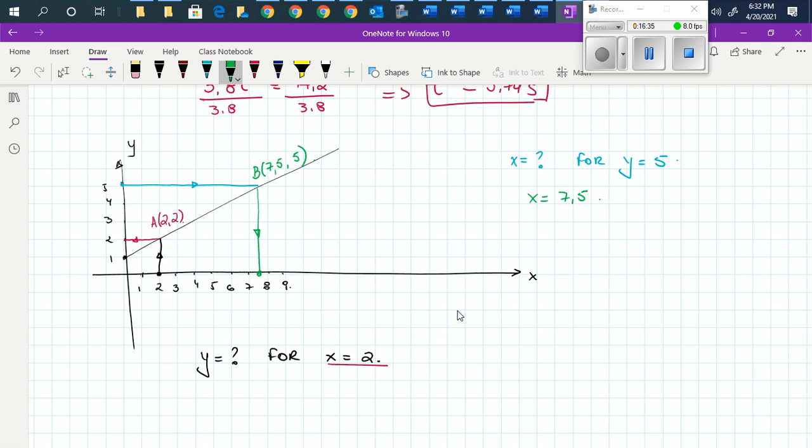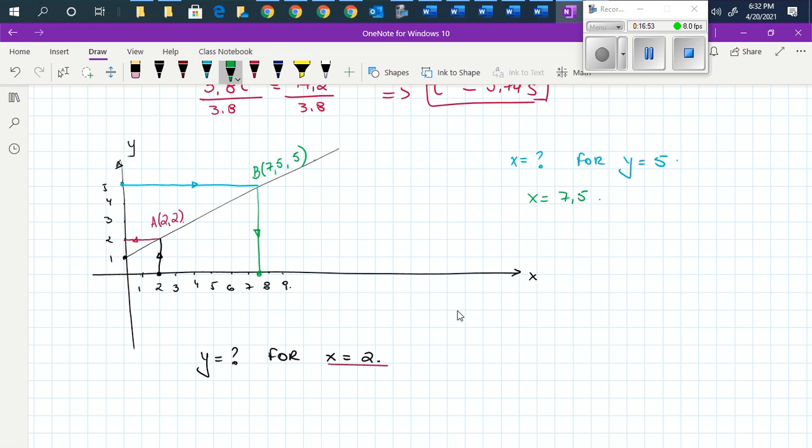Or if the graph is given, then you will just read the graph. You will go horizontally when y is given until you reach the graph, and then vertically until you reach the x-axis, and that will be the value of x.